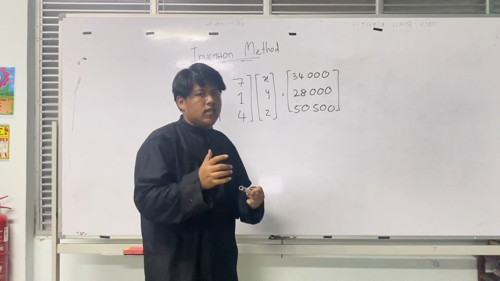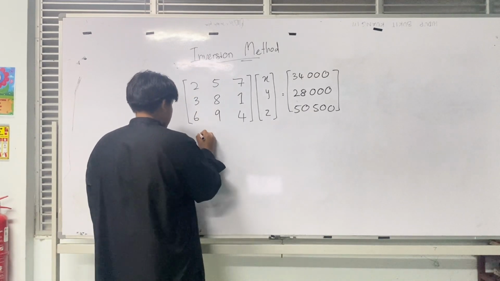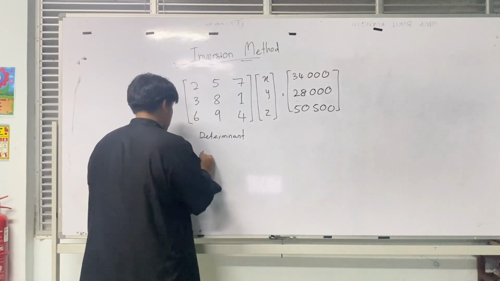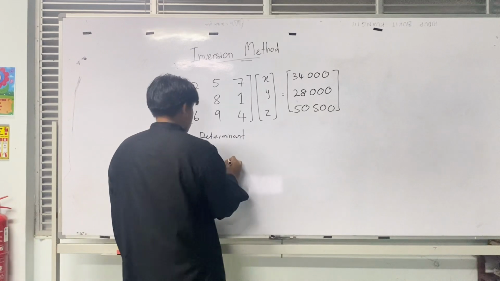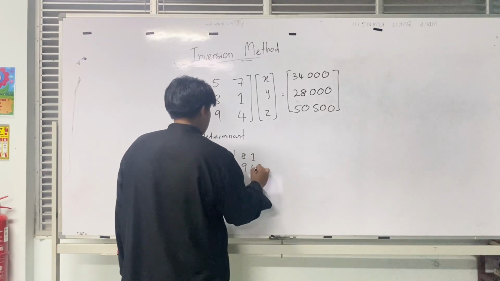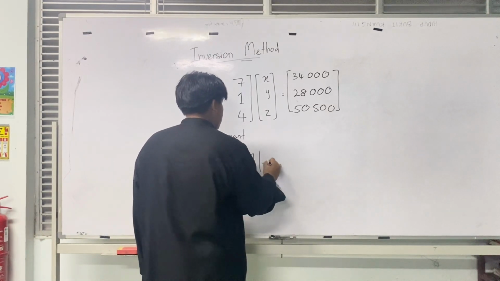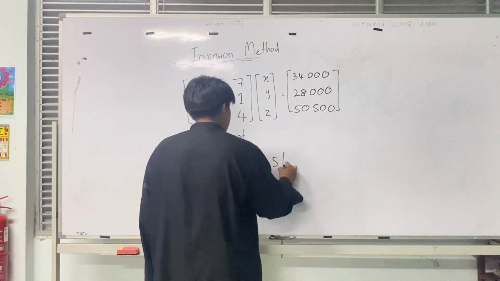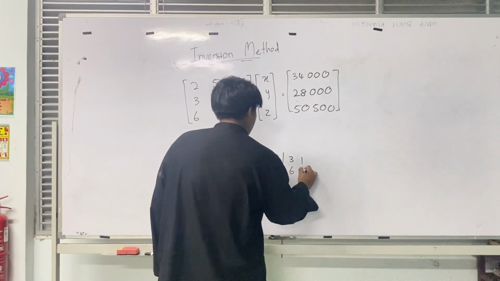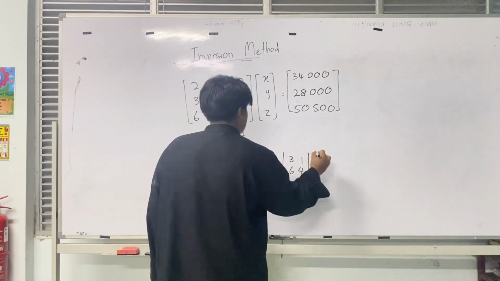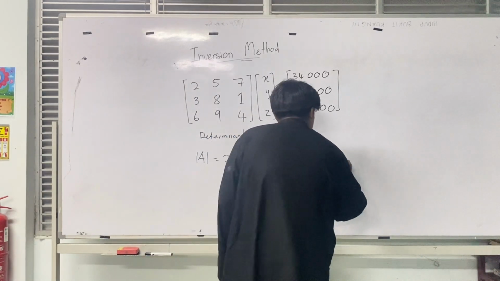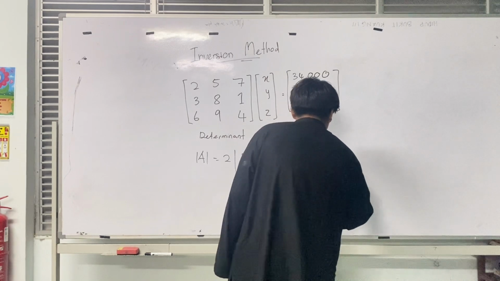First, we must find the determinant. The determinant is equal to 2 times (8, 1, 9, 4), minus 5 times (3, 1, 6, 4), and then plus 7 times (3, 8, 6, 9).